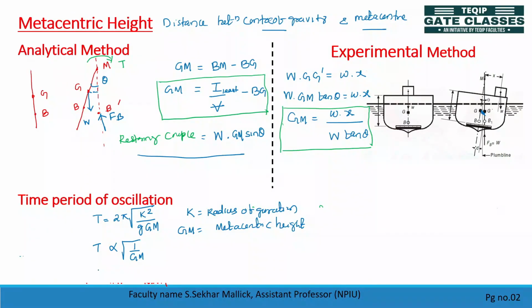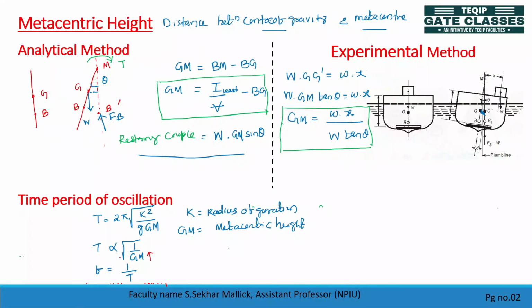And what will frequency be then? Frequency is 1 by time period. So if time period is more, frequency of oscillation is less. If time period is more, metacentric height is less. For better stability, metacentric height should be more.